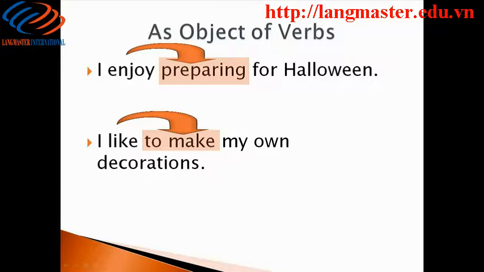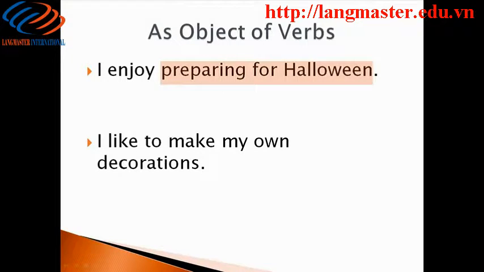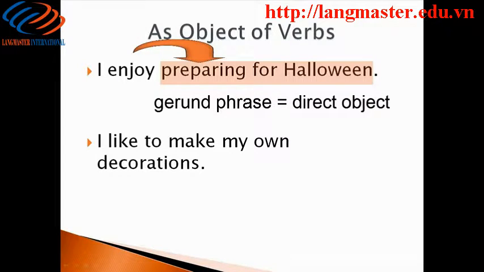Gerunds and infinitives can appear all by themselves as the direct object, the object of a verb. But they can also appear in a larger phrase. In our first sentence, we don't simply have preparing, but preparing for Halloween. So the object of the verb is not just a gerund, but a gerund phrase.